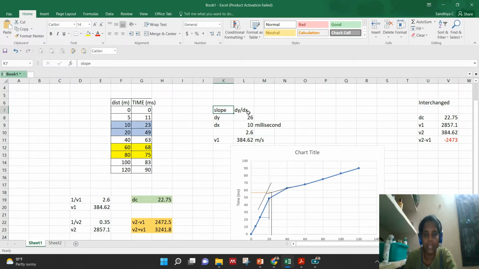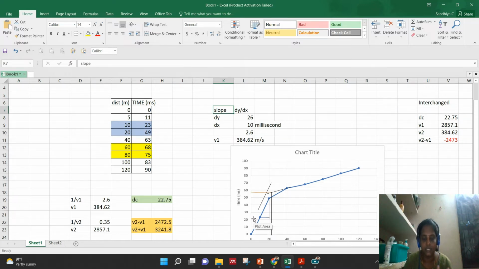We measure slope as tan theta equal to dy by dx, that is opposite by adjacent. So this is tan theta, this is an angle. We do not need to find theta here, but opposite by adjacent is tan theta, that is the concept. If you need the theta value, we would take tan inverse of this value. So the slope is nothing but dy by dx.